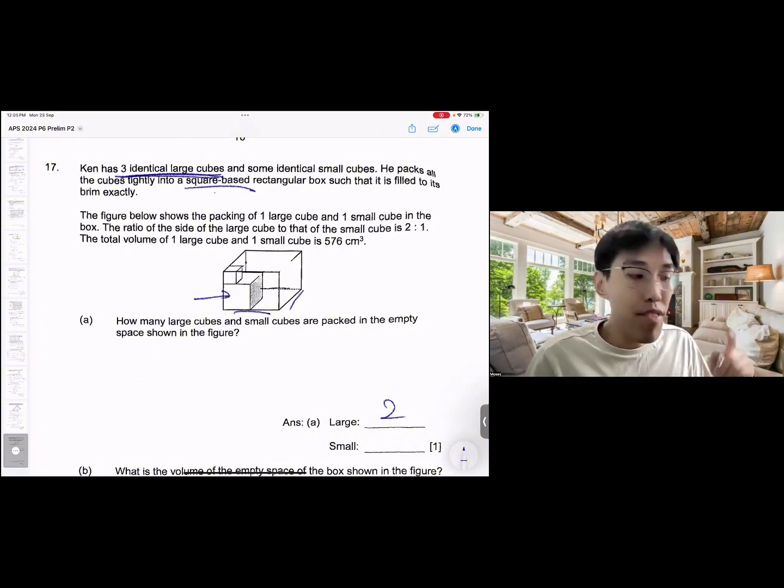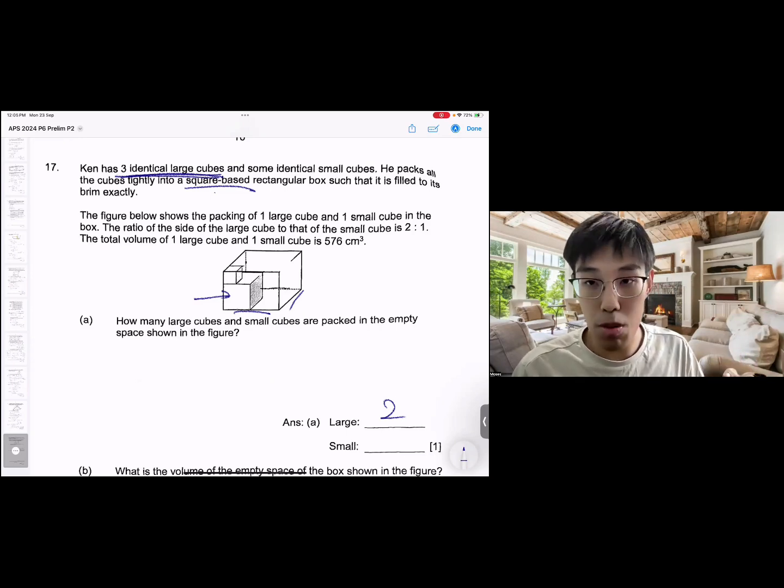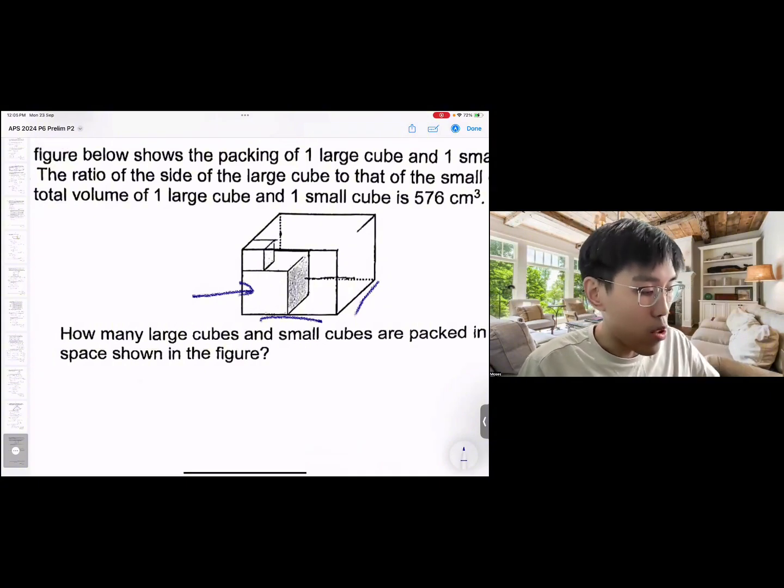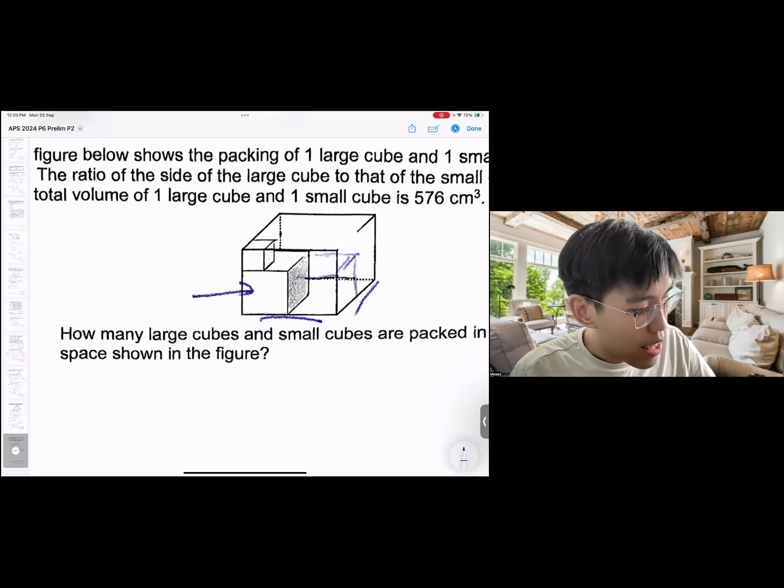Okay, so after we used up all the large cubes, then you realize that there's actually some space left. What happens? I'm going to draw what's going to happen. There will be 1 more cube to the side of this thing, like here. Try to visualize.